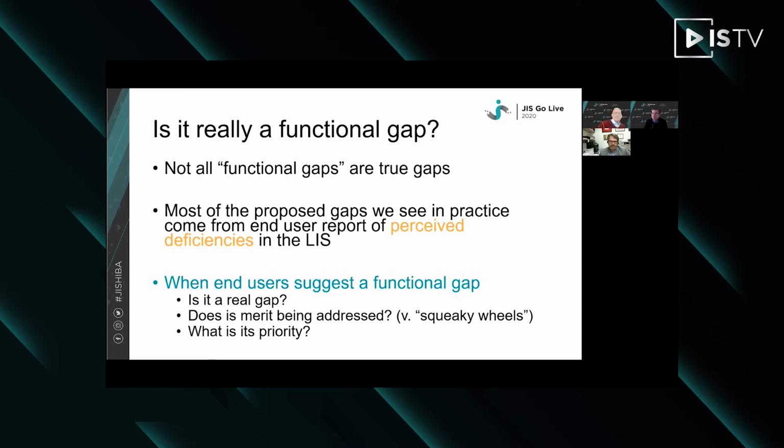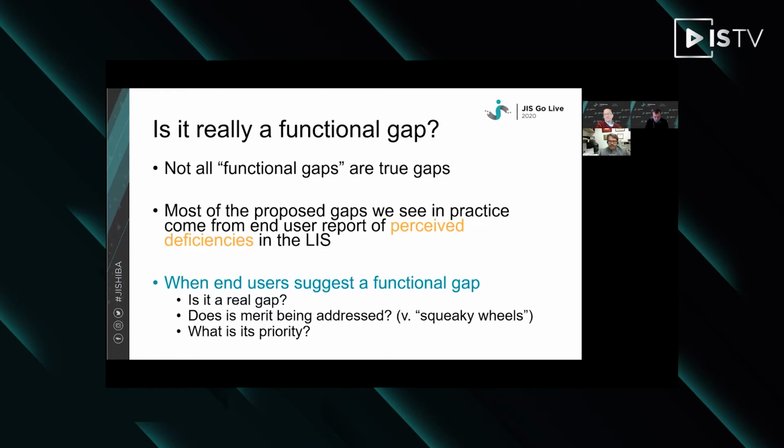It's important to ask yourself: is this a real gap? And if it is a real gap, does it actually merit being addressed? I think we all know of those people who have a long laundry list of problems that they perceive in our information systems. And many times it's just one person's desire and not necessarily something that is a true functional gap.